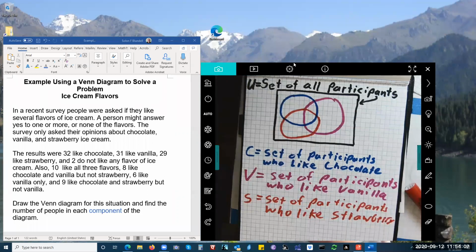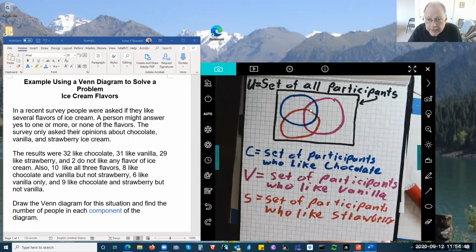And the key is to look at the given information and pick out the pieces of the given information that are the simplest. Like when you say 32 like chocolate, that is not a simple piece of information because what you're saying there is that all four of the components that make up the chocolate subset, when added together, total 32.